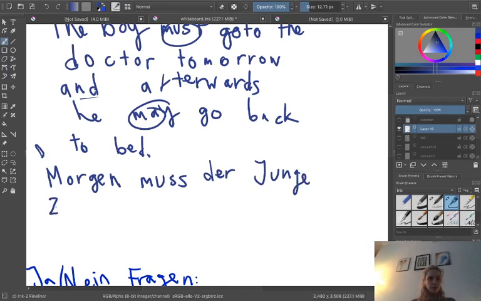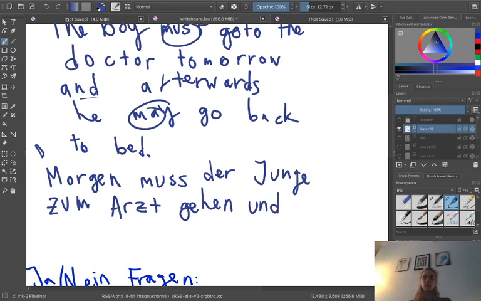Morgen muss der Junge zum Arzt gehen, und danach darf er wieder ins Bett gehen.